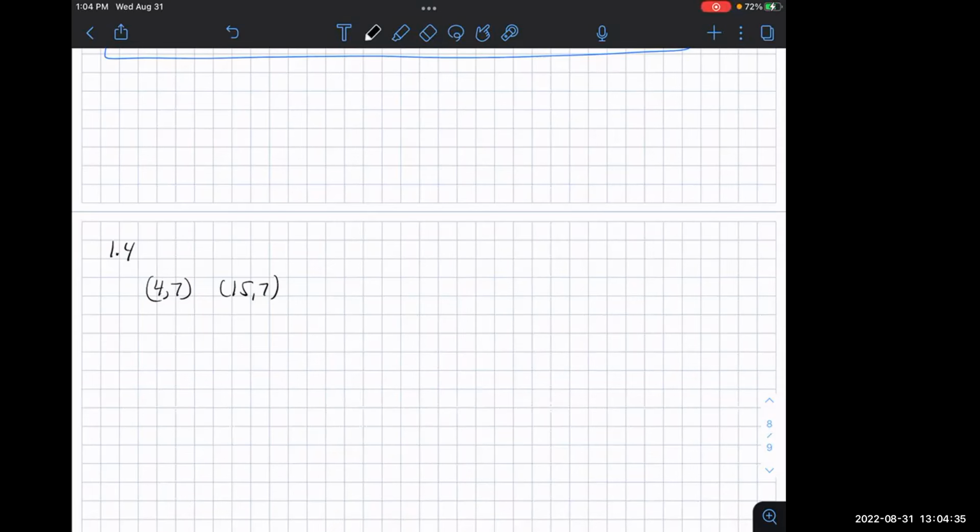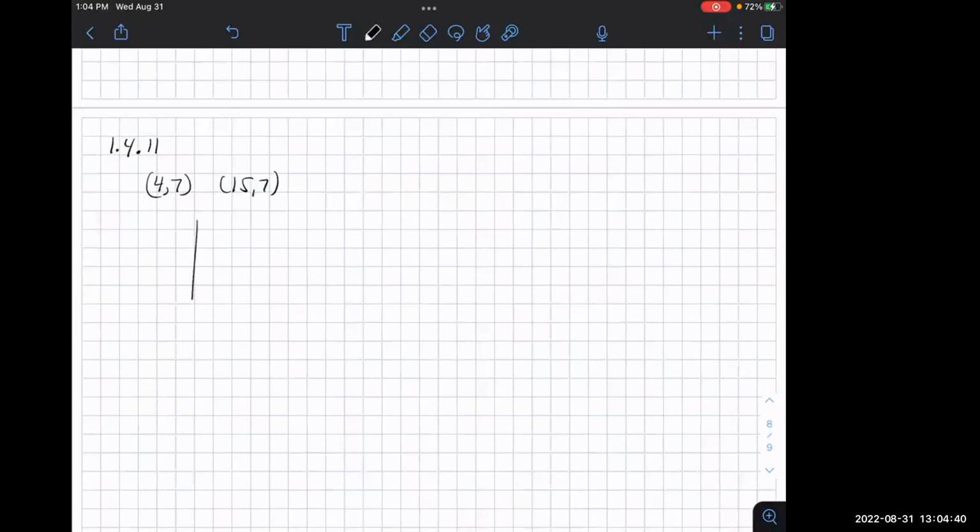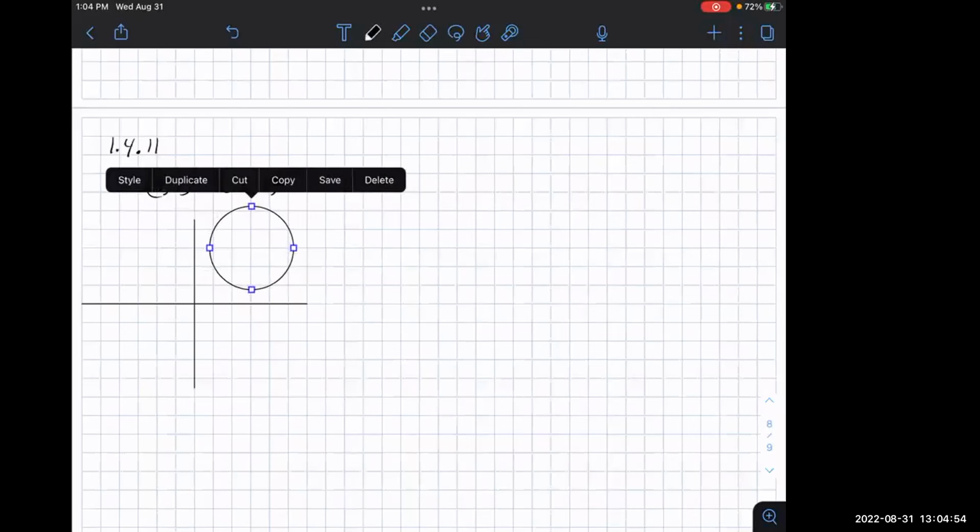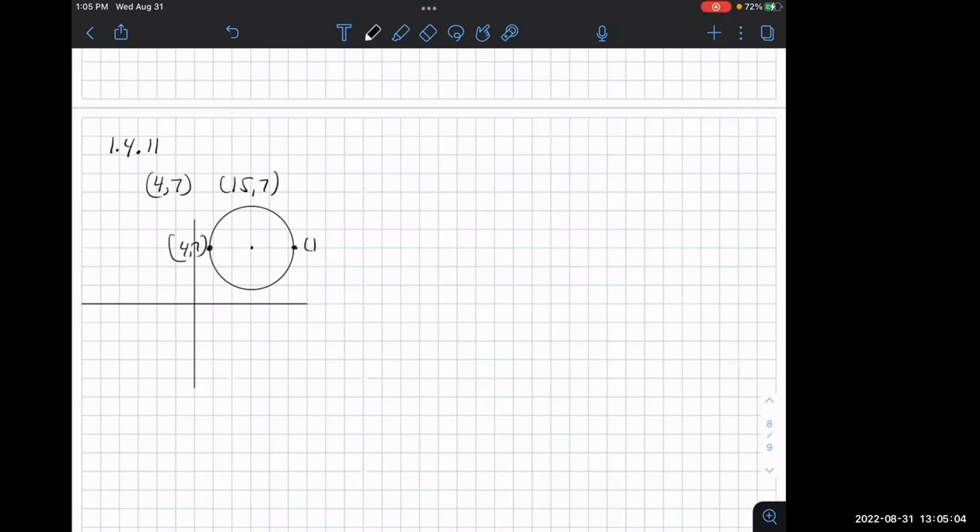So 4, 7 will be this, 15, 7 will be that, and the center is in the middle.